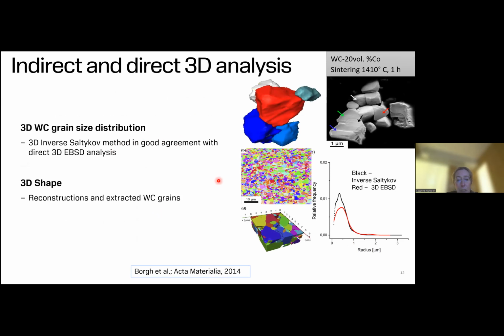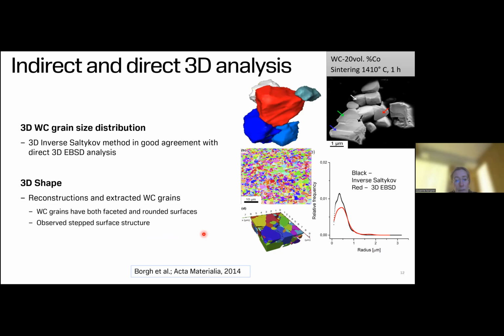This model for transferring the initial distribution of the tungsten carbide grains to the final sintered distribution is really good and coherent. However, in this modeling, the grain shape was originally not taken into account.